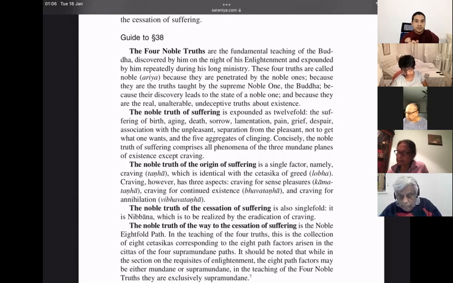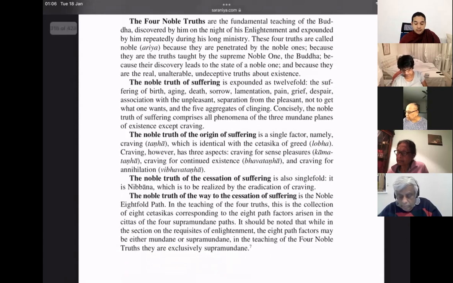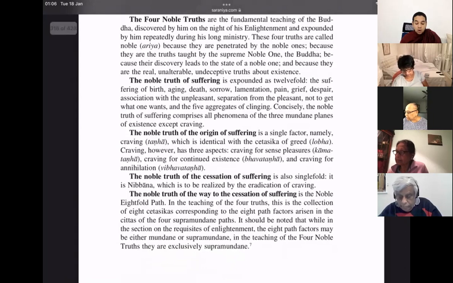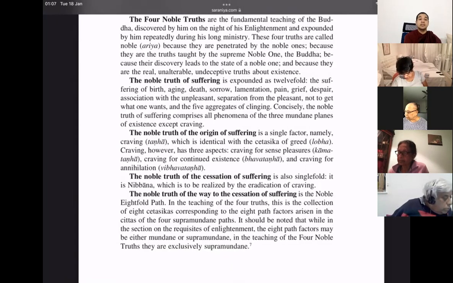Do you understand? You have to subtract the enlightenment aggregate out of the suffering, because enlightenment does not cause suffering. It is the right opposite of that. And you have to take out what causes suffering, the origin of suffering, which is tanha.